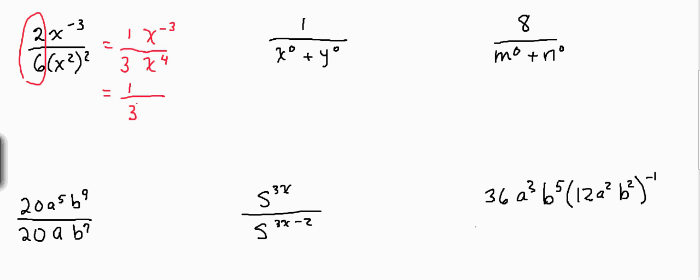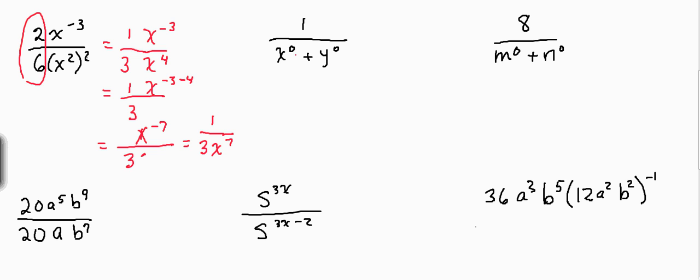I have x to the 1/3, or 1/3 x negative 3 minus 4, and that's going to simplify to 1 over 3. Well, that comes out to x to the negative 7, and then that will then be 1 over, to get rid of the negative exponent, 3 to the positive 7th power.